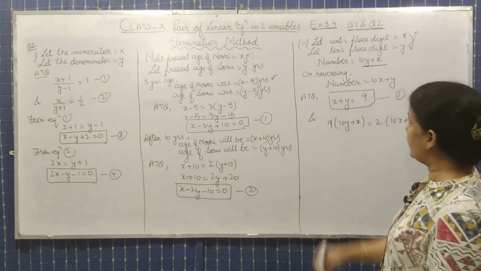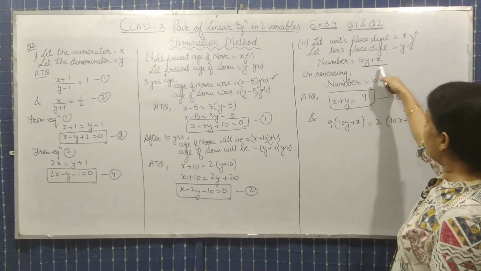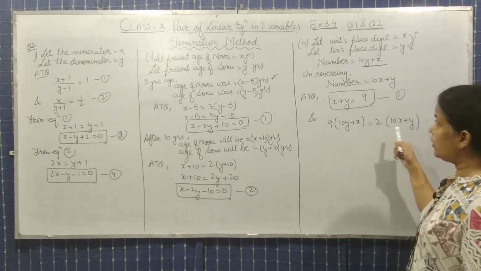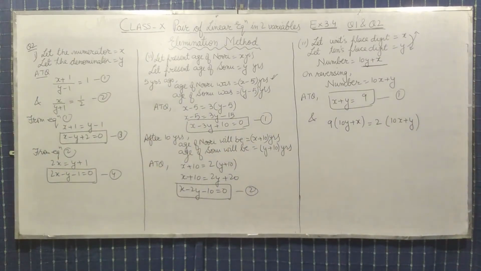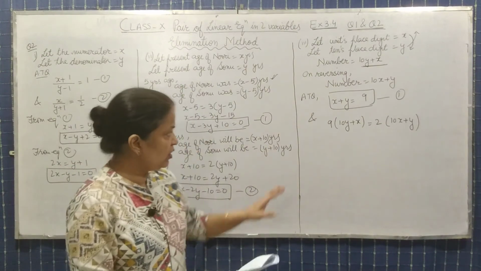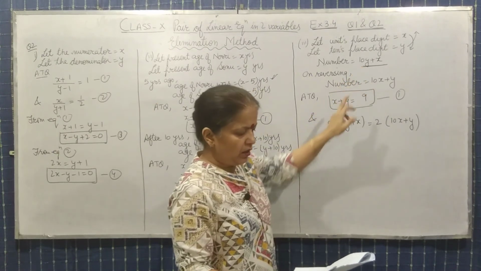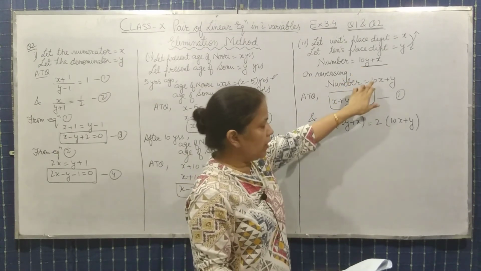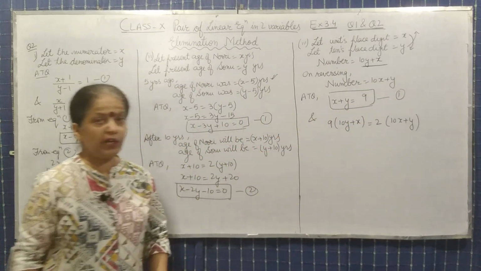And second equation is 9 times the number is 2 times the number on reversing. क्वेश्चन में लिखा हुआ है 9 times this number is twice the number obtained by reversing the order of digits.